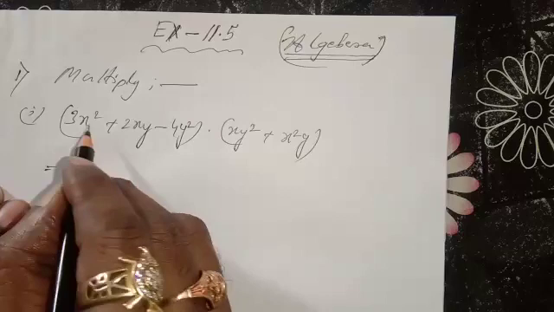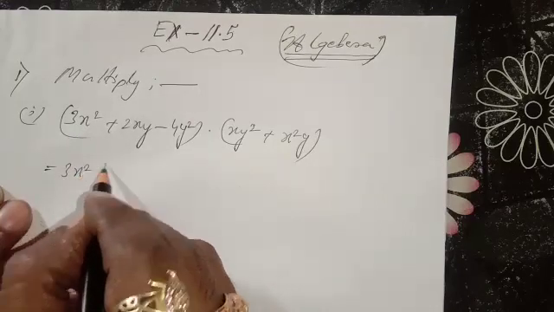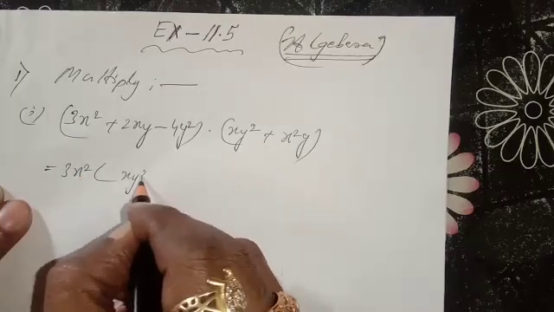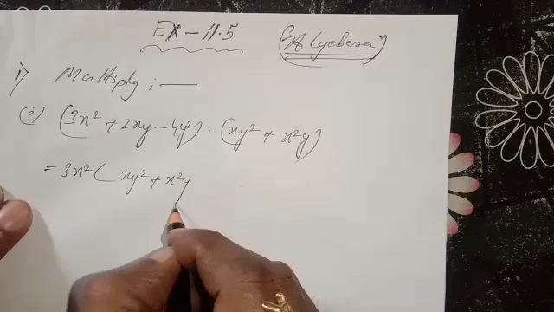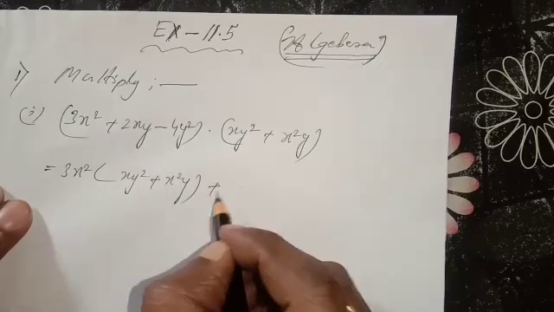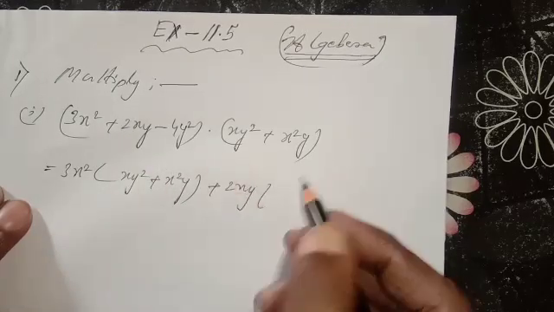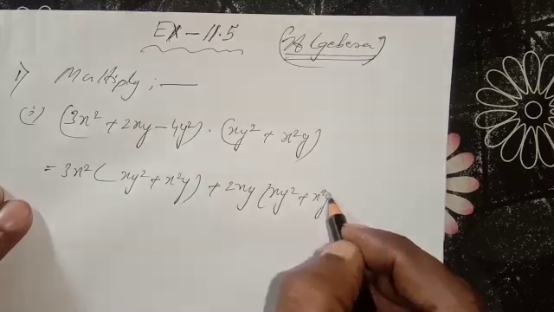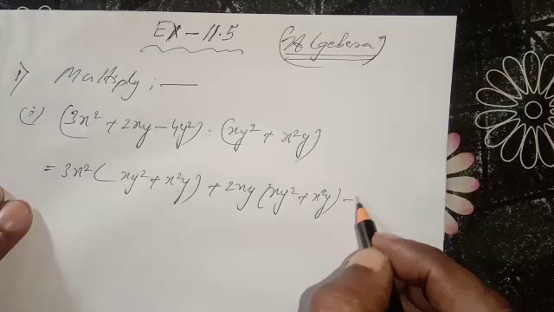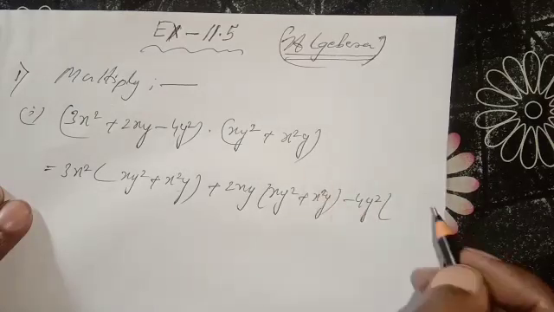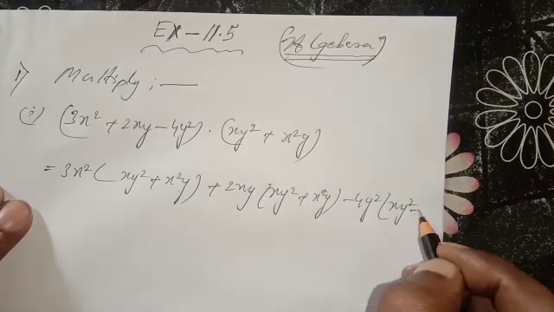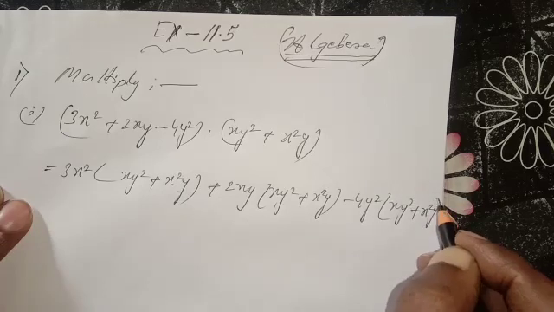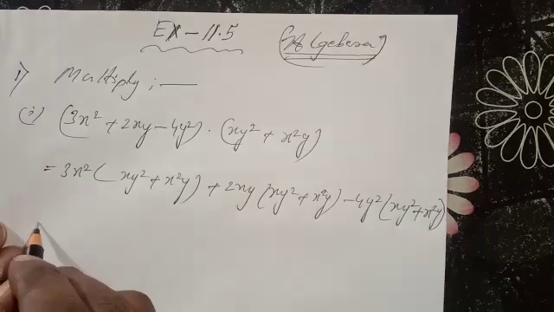If you multiply, the first part is 3x square, the second bracket, that is xy square plus x square y. This is the way of putting. Then the second part is 2xy, the second bracket total, that is xy square plus x square y. The third is minus 4y square, the second bracket is xy square plus x square y. Now you have to multiply individually.